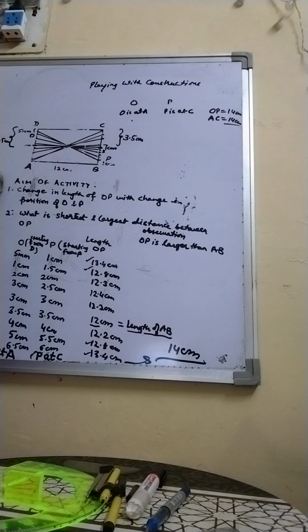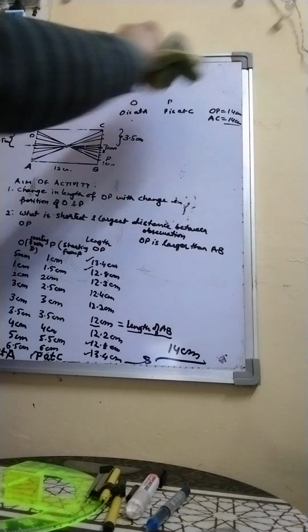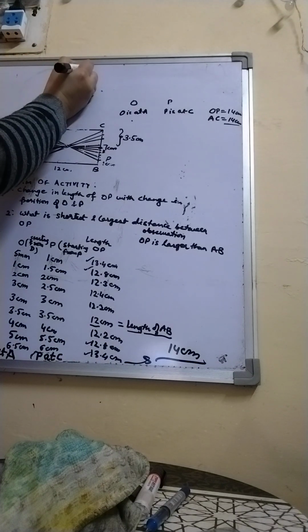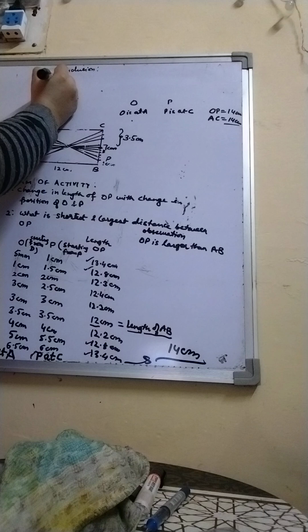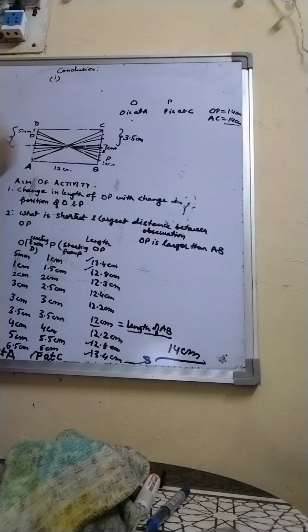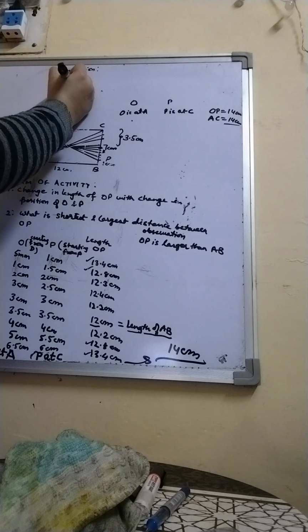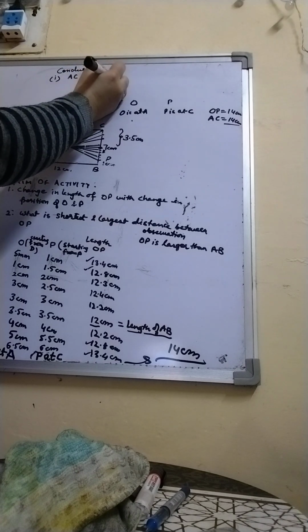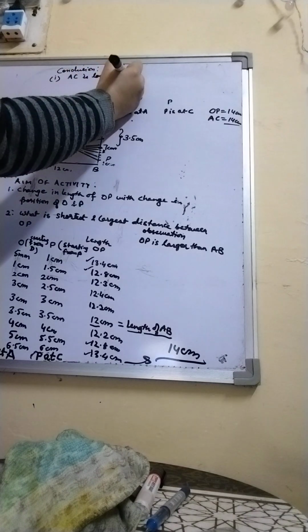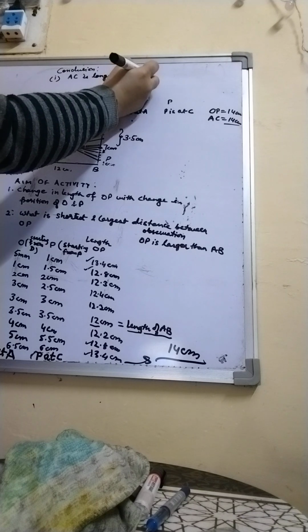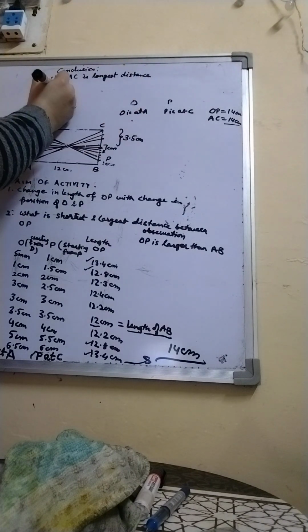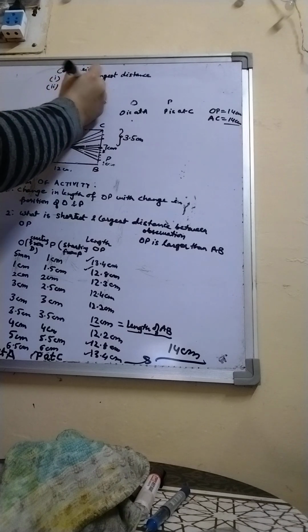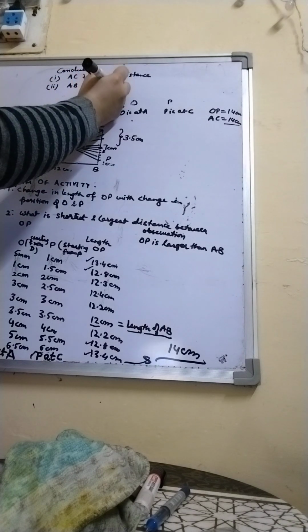So we write the conclusion here. We write the conclusion that AC is longest distance and AB is shortest distance.